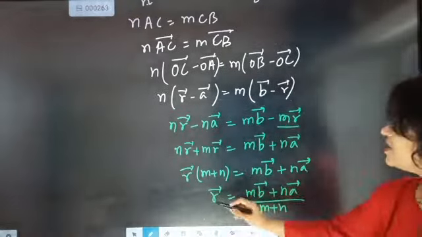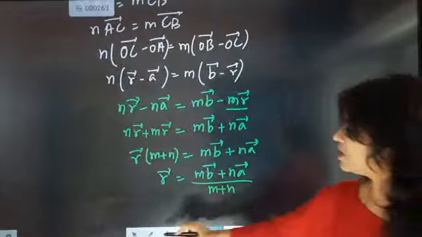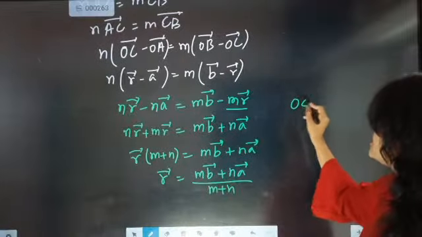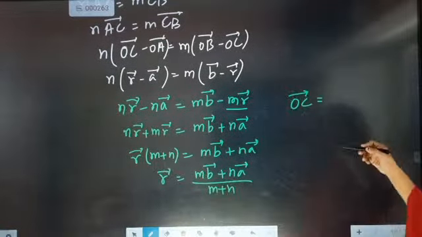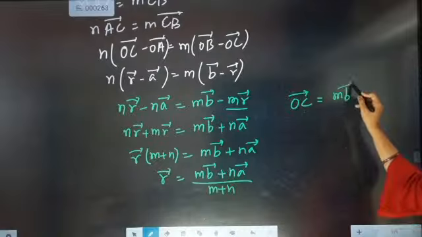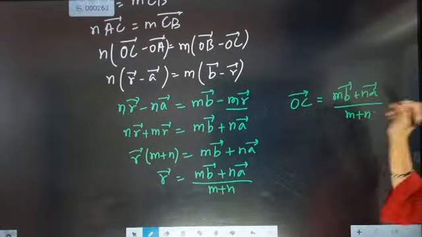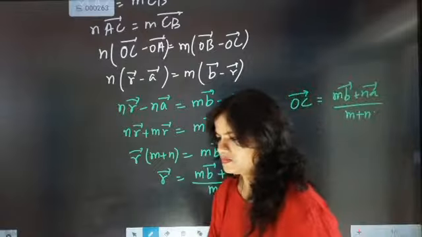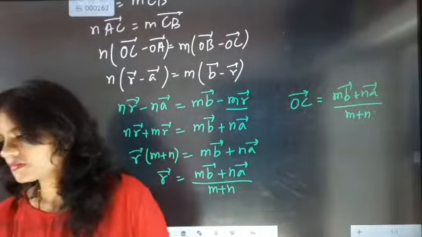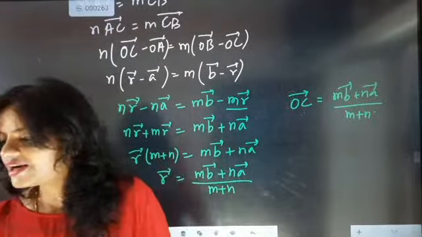And exactly this R vector is nothing but OC. So OC vector is coming as mB vector plus nA vector by m plus n. Did I do anything?